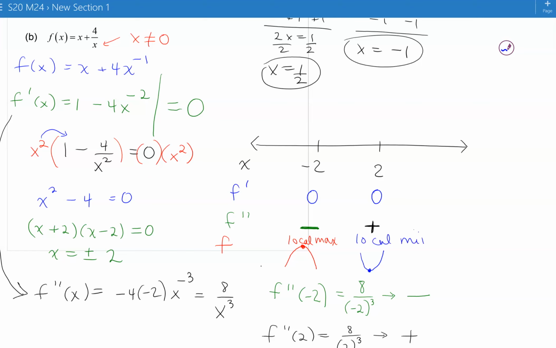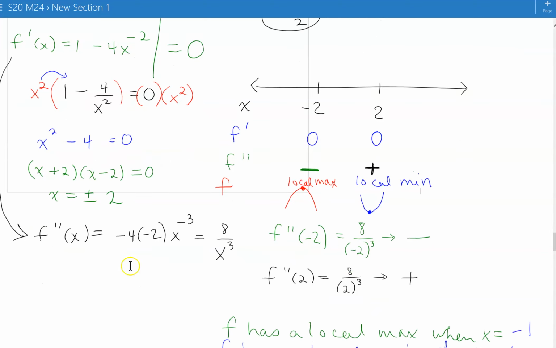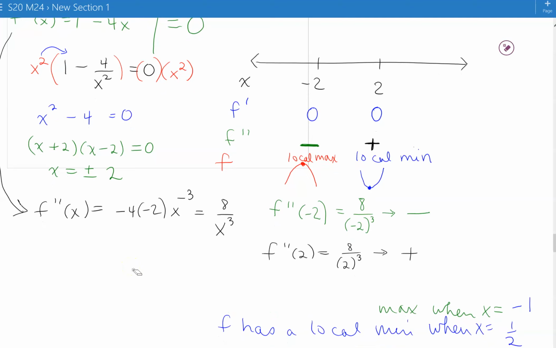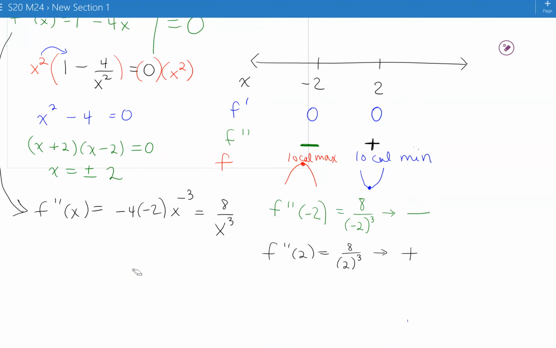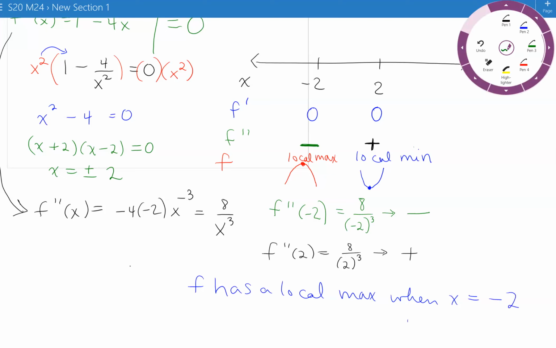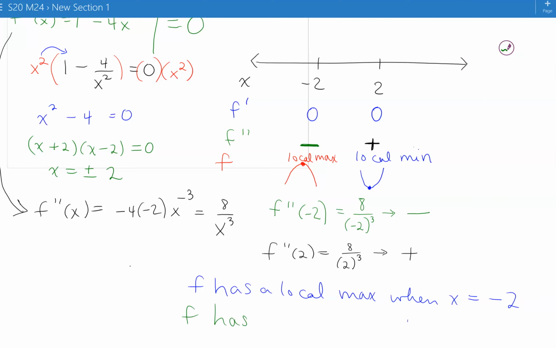So that's a local min. So we would say F has a local max when x equals -2, and F has a local min when x equals 2.